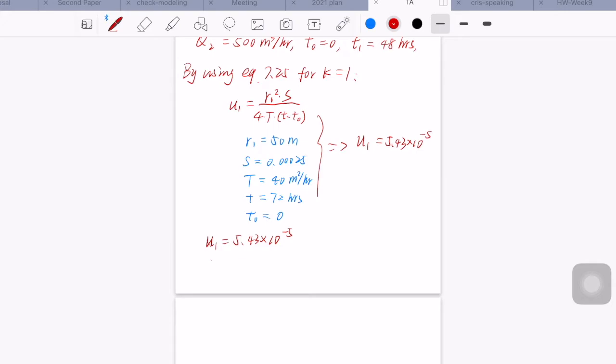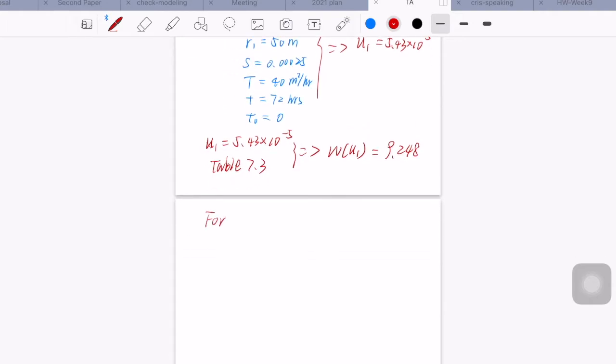And from the table 7.3 in the textbook, we can determine that the W of U1 is 9.248.